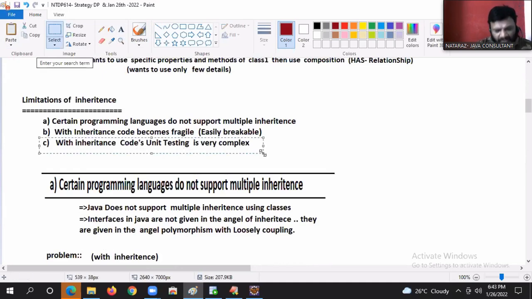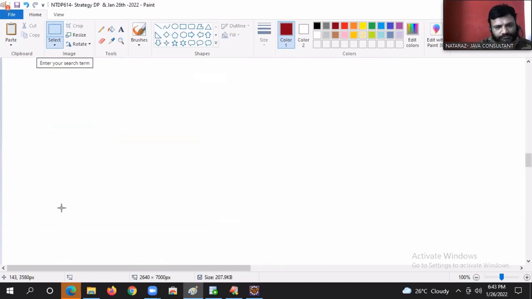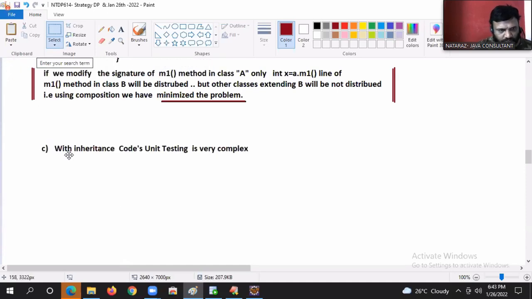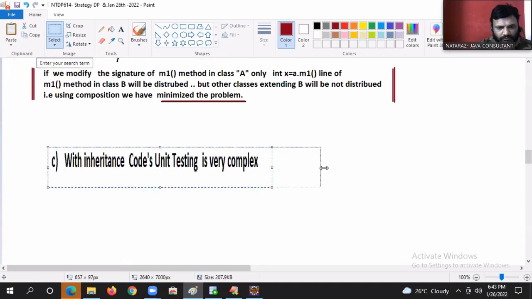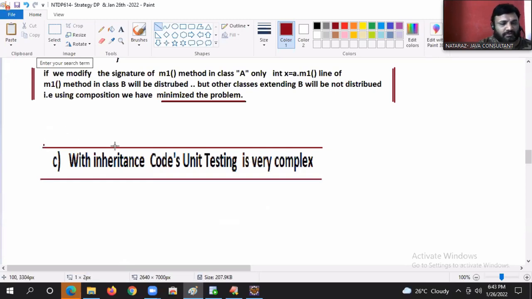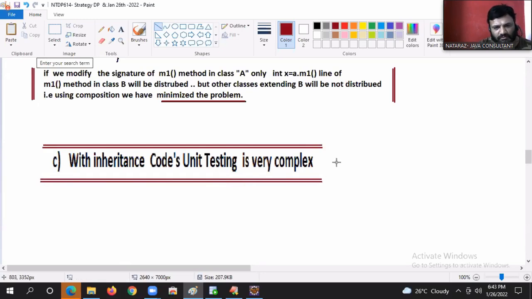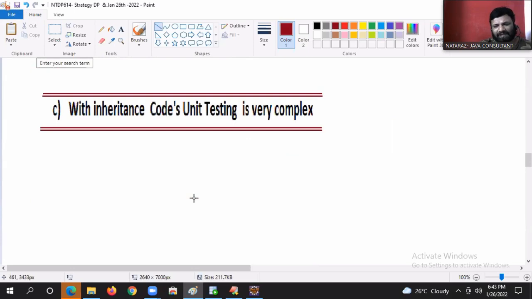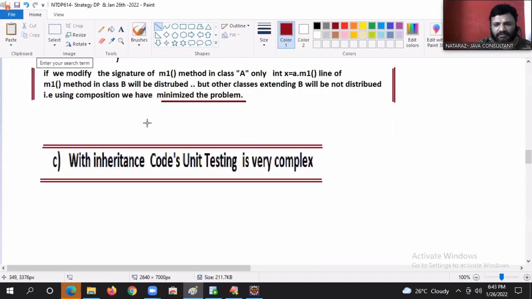Unit testing is very complex. With inheritance, code unit testing is very complex, guys.